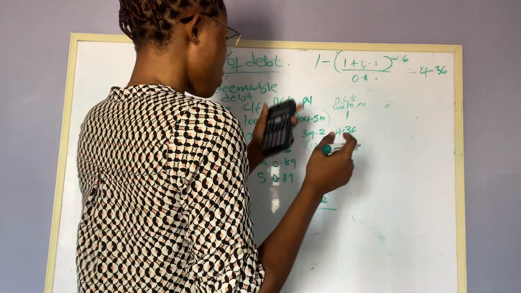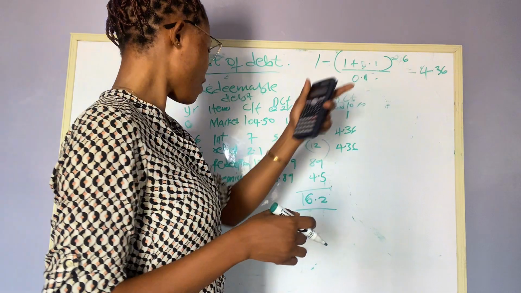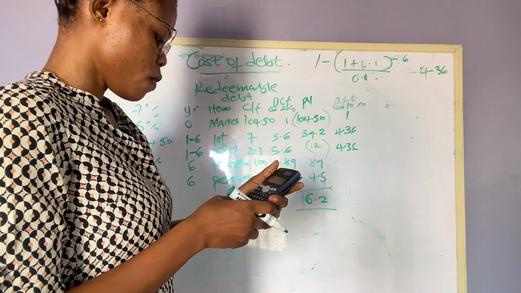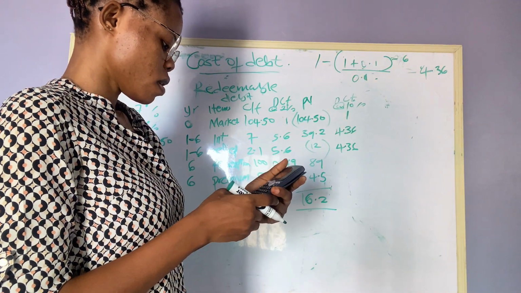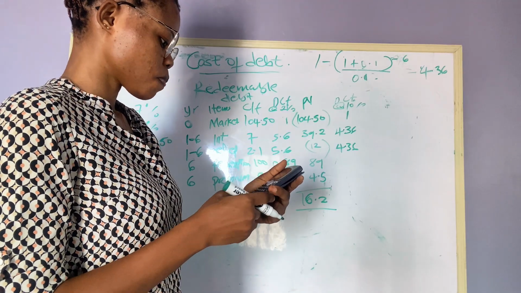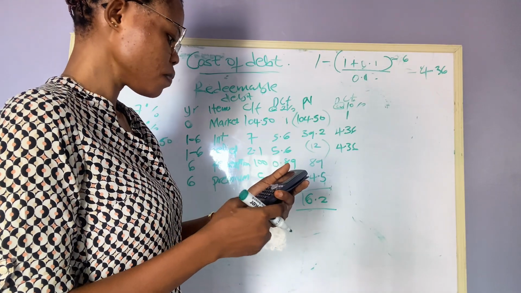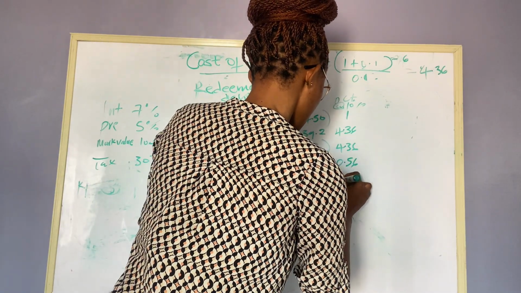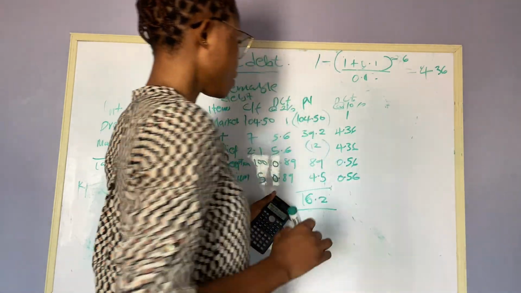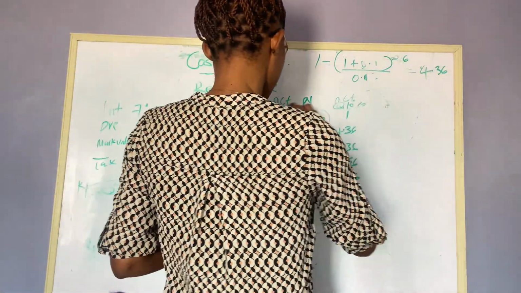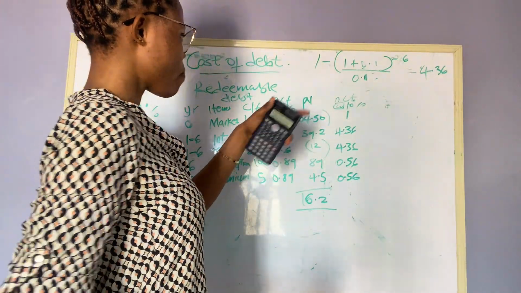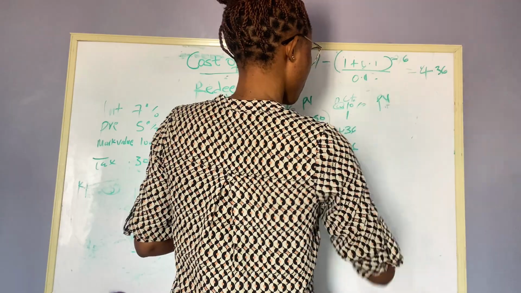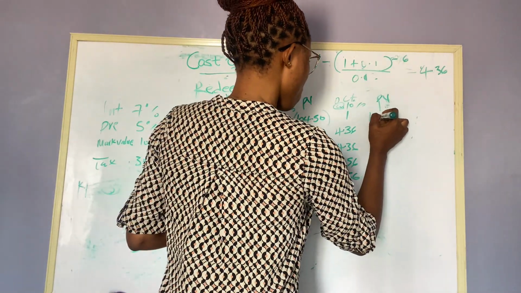Now this one we'll do the normal computation, no longer annuity, just for the 6 years. We say 1 plus 0.1 raised to power minus 6 is going to give us 0.56. Right, now we'll do our PV. Our PV now is going to be 104.